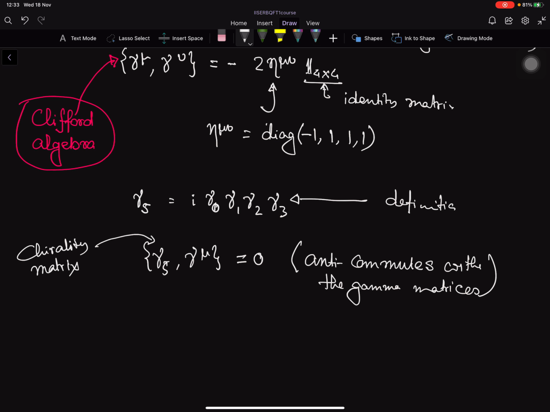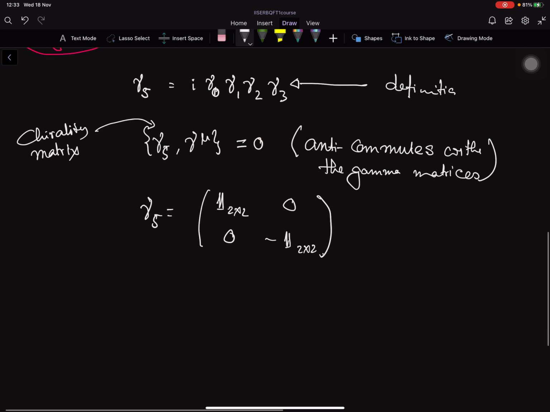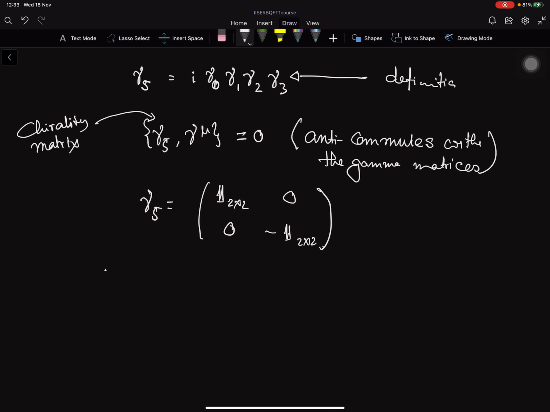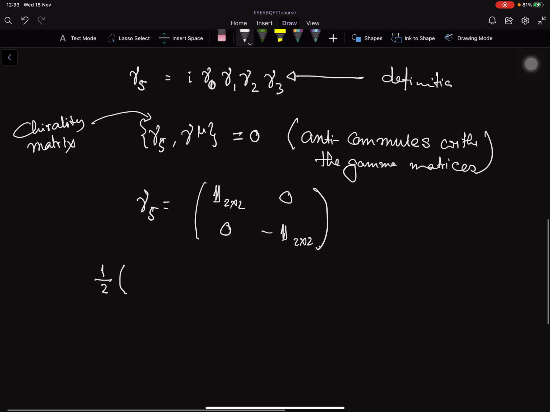The reason for this is that in this particular representation you can check that gamma 5 is simply a 4 dimensional matrix, but 2 by 2 block diagonal of this form. And then basically we can define projection operators. This is called the left-handed projection operator, and this is called the right-handed projection operator.